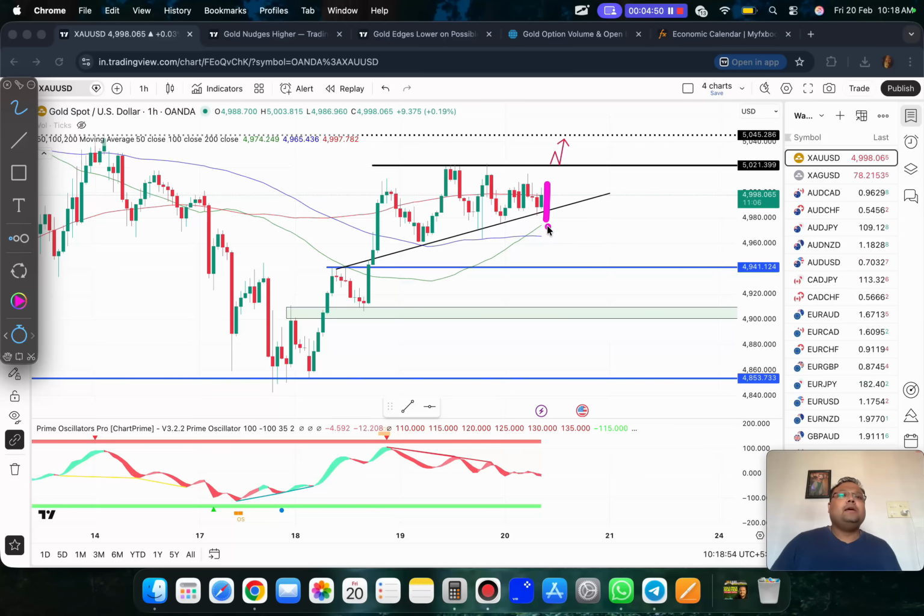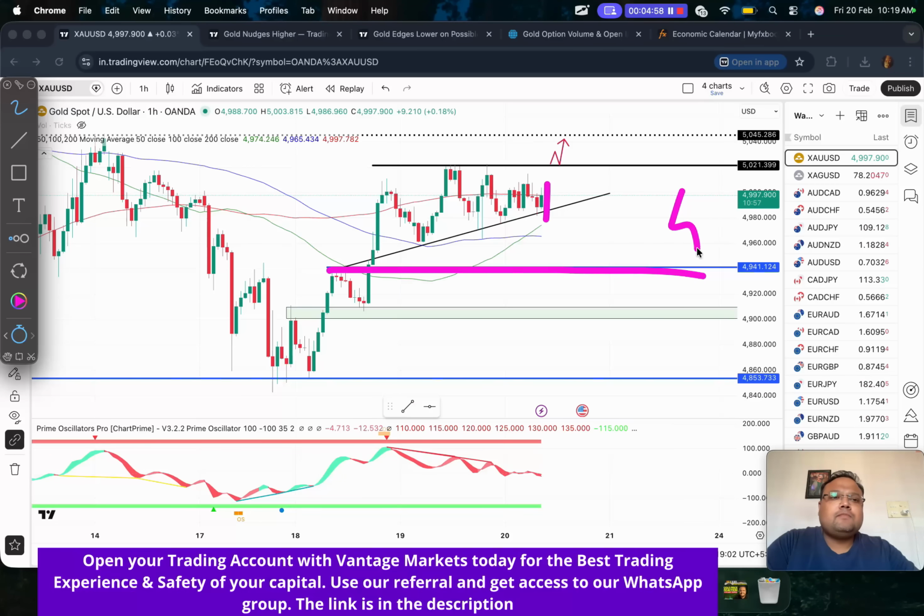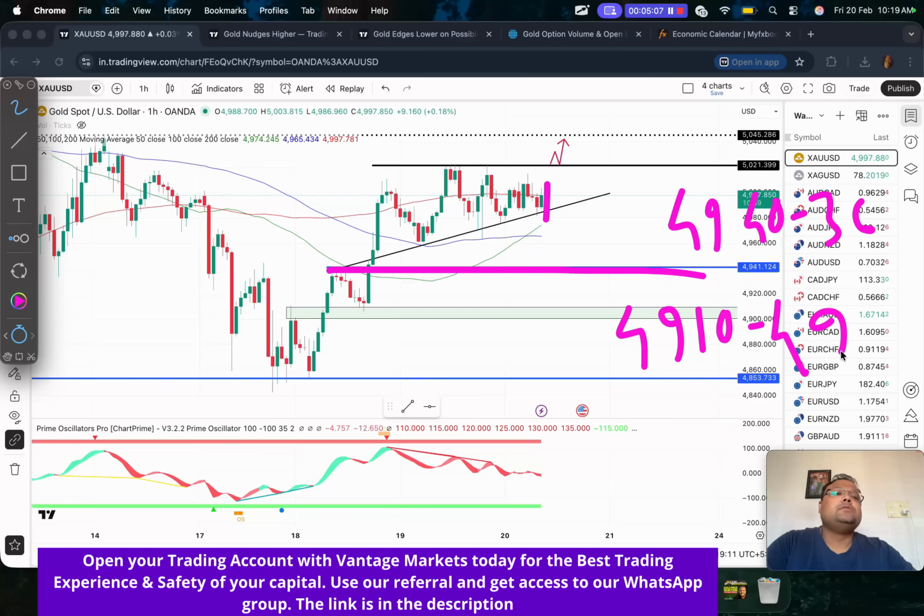Otherwise, if you see the market is trading with low volume, not much volume in the market, then you can look for support around 4940-4936, and we also have a support around 4910-4900.